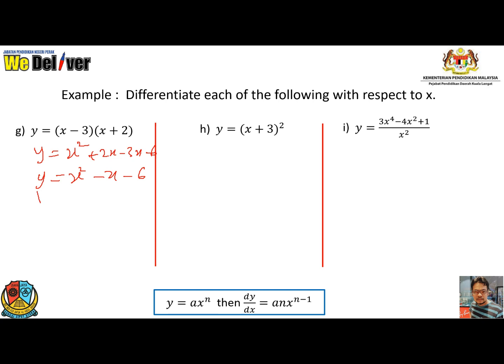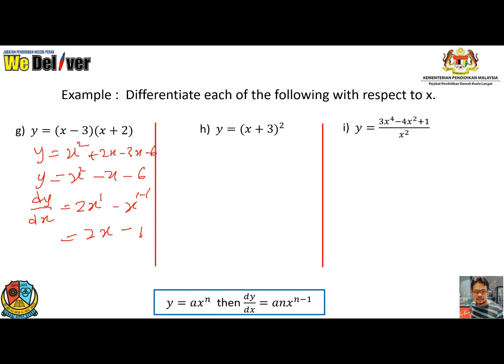And then find dy dx equals 2 bring in front, x to the power of 2 minus 1, you get power of 1. This one, x to the power of 1, you get 1, x to the power of 1 minus 1. Negative 6 when you differentiate you get 0 because 6 is a constant. So simplify, you get 2x minus x to the power of 0 is 1, so you get 2x minus 1.